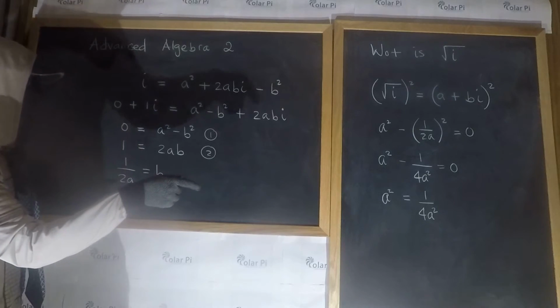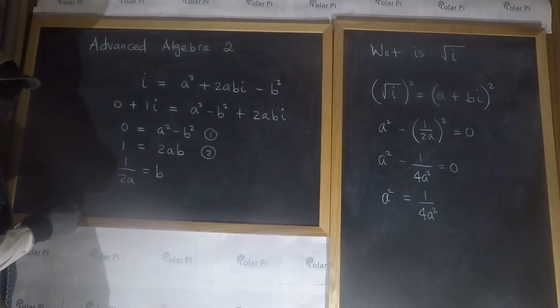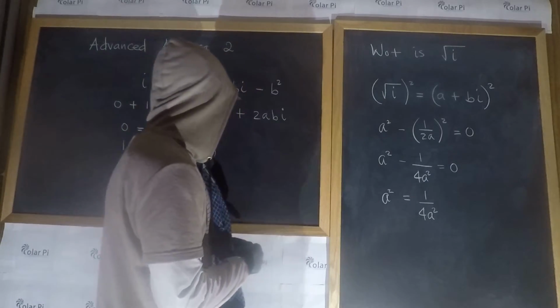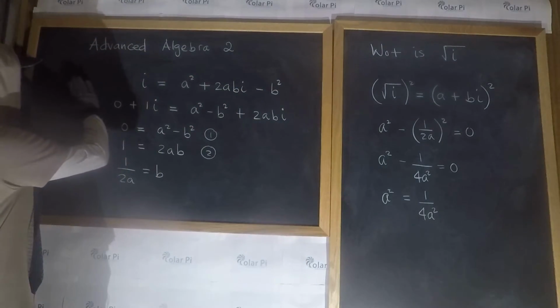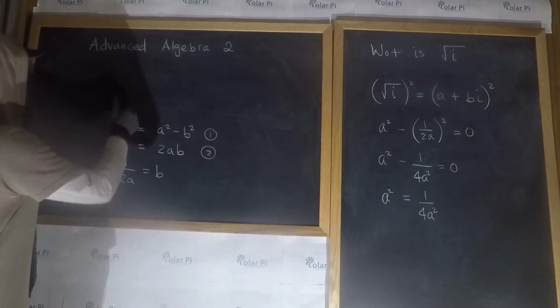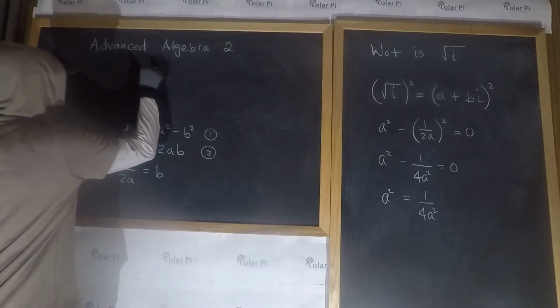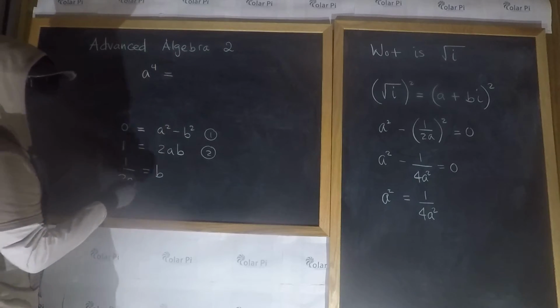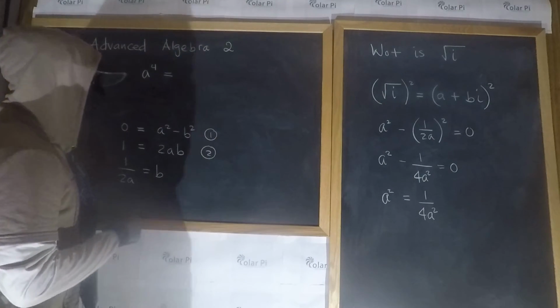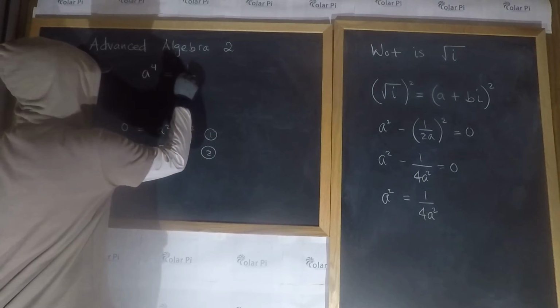Then, multiplying both sides of this equation by a squared, we're going to get a to the 4th is equal to 1 over 4.